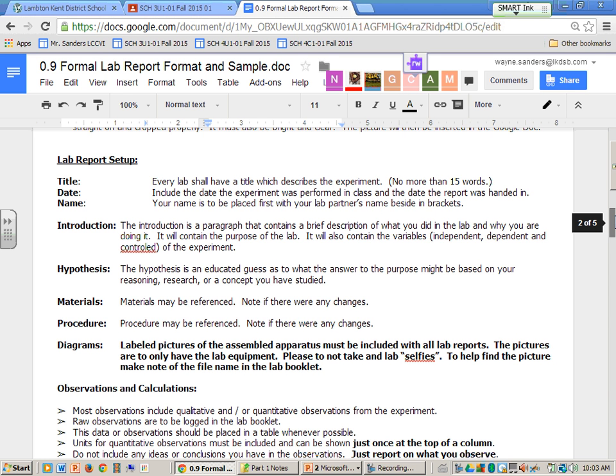What do you think? The flame itself, the gas amount, the oxygen amount will be left the same. Because if I change the gas and the oxygen, I will have a completely different flame each time, and my experiment will be no good. I will have learned nothing. So in the introduction, you will also state the variables. I'll talk about those again. So introduction: what we did, why, the purpose, and the variables.